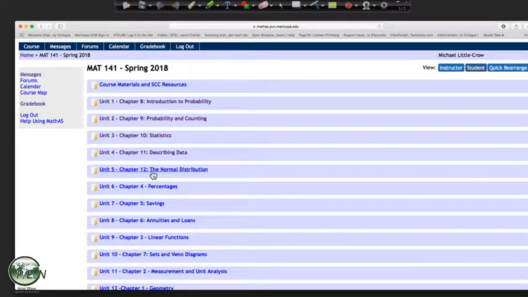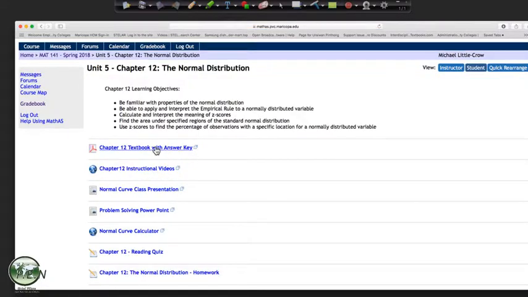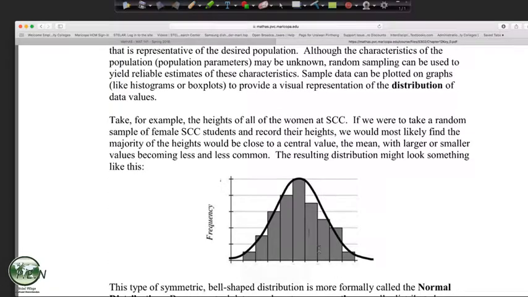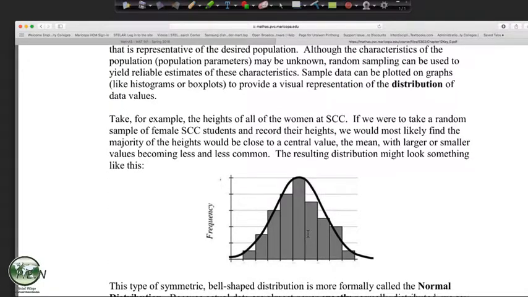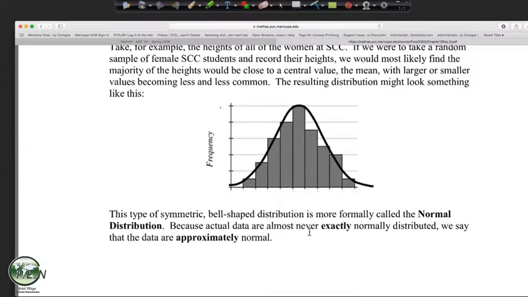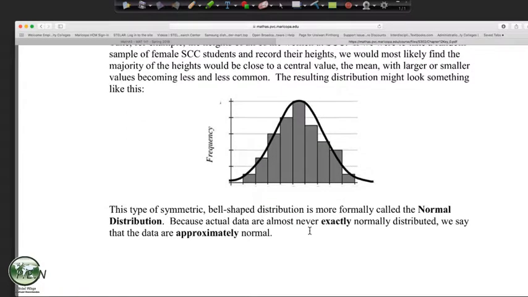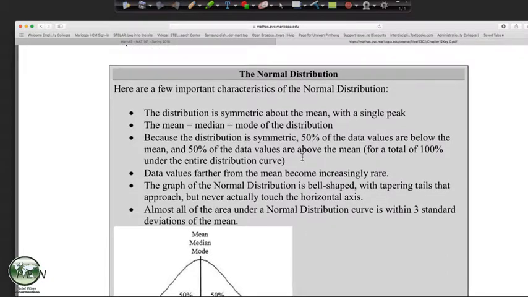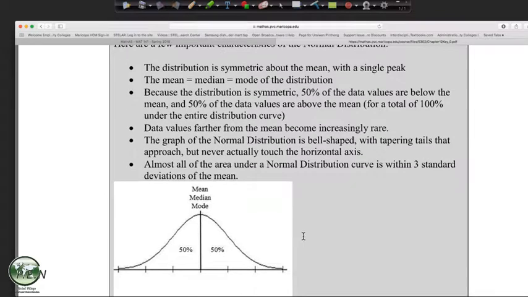So we're going to talk about the normal distribution. There is a textbook, so I'll open that up, again, this sort of has the background information that I kind of expect that you either looked at or will look at, but maybe not necessarily read. But there are some important boxes where it does bring out some of the information.